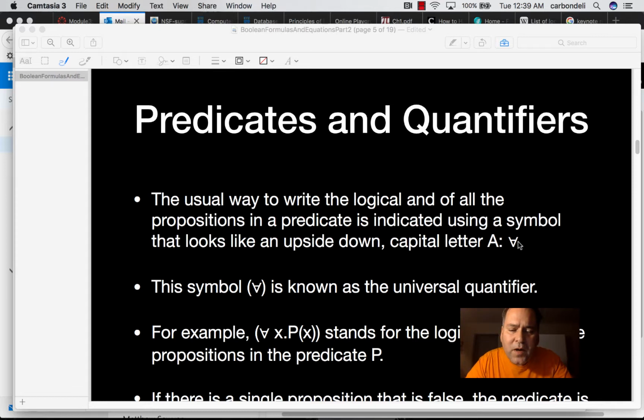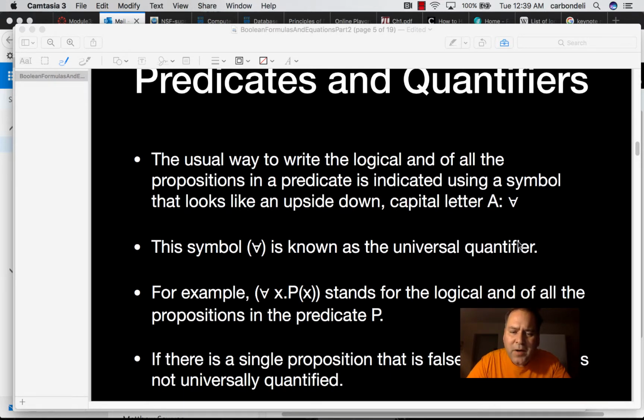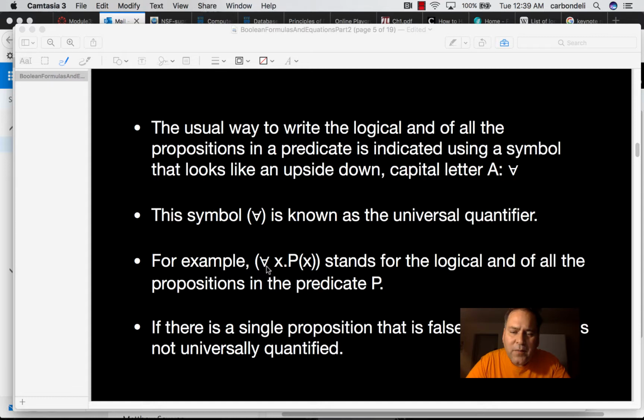The symbol, which is the universal quantifier, is denoted by this upside down A. For example, we might have an expression like this, in which we are saying for all x, P of x, and this simply stands for the logical AND of all the propositions in the predicate P. If there is a single proposition that is false, the predicate is not universally quantified.